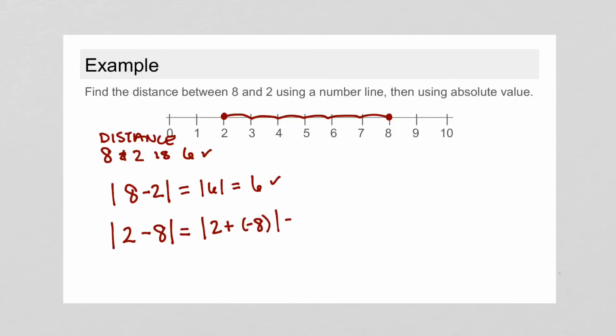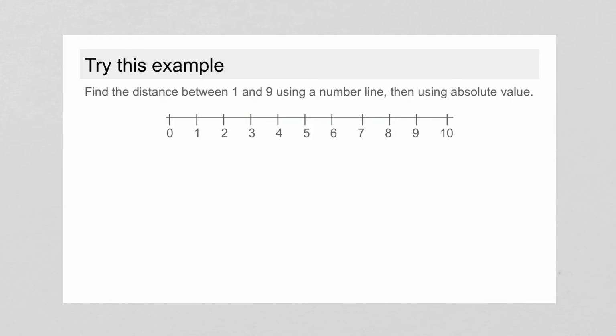So 8 minus 2 is 6, and I'm going to keep the sign of the larger number, which is the negative. The absolute value of negative 6 is also 6. So there we validated what we were just thinking, that you can do 8 minus 2 or 2 minus 8 as long as we're using the absolute value. And we can use that absolute value because we're talking about a distance.